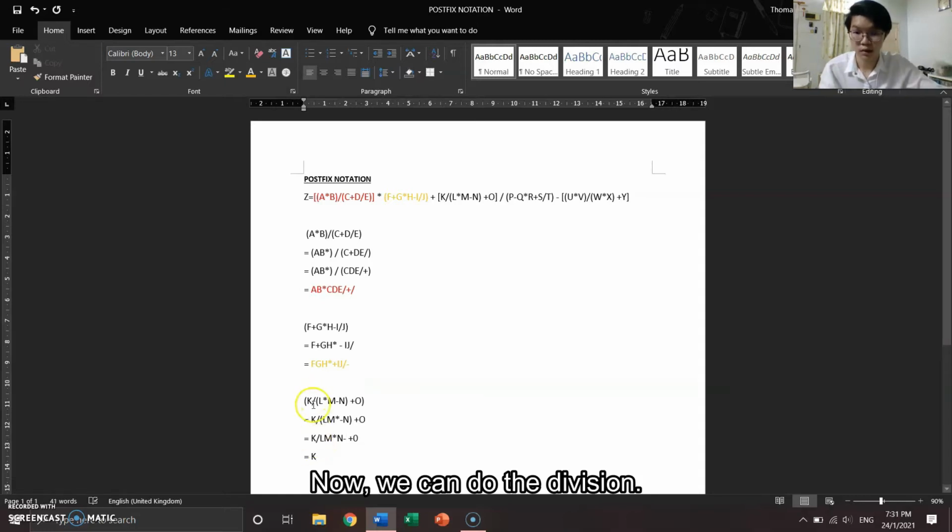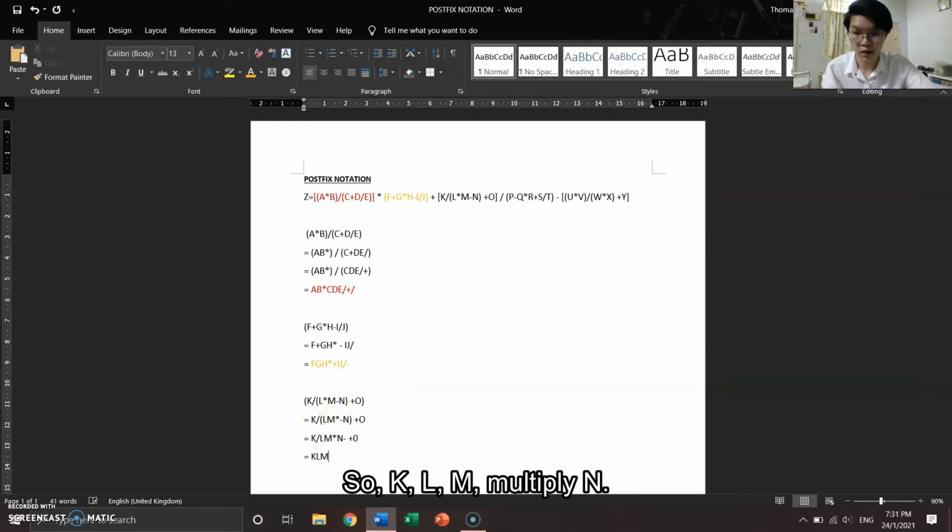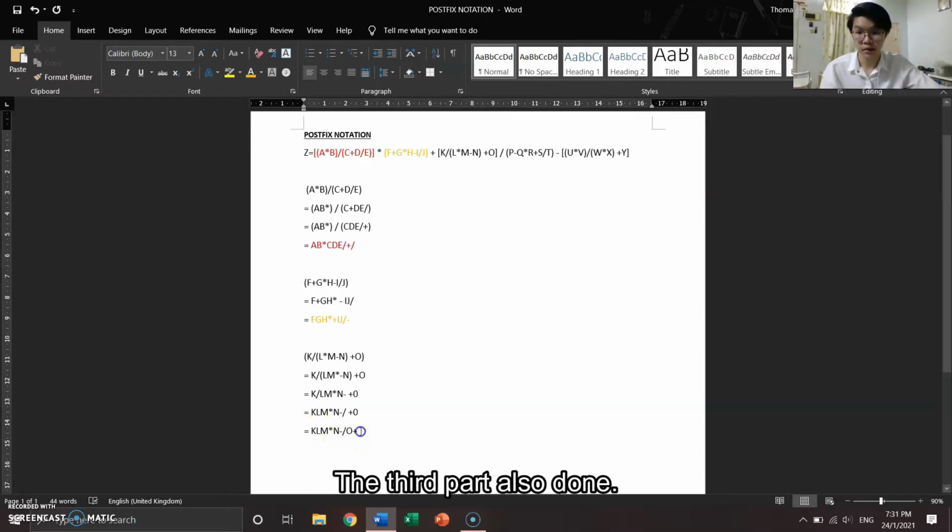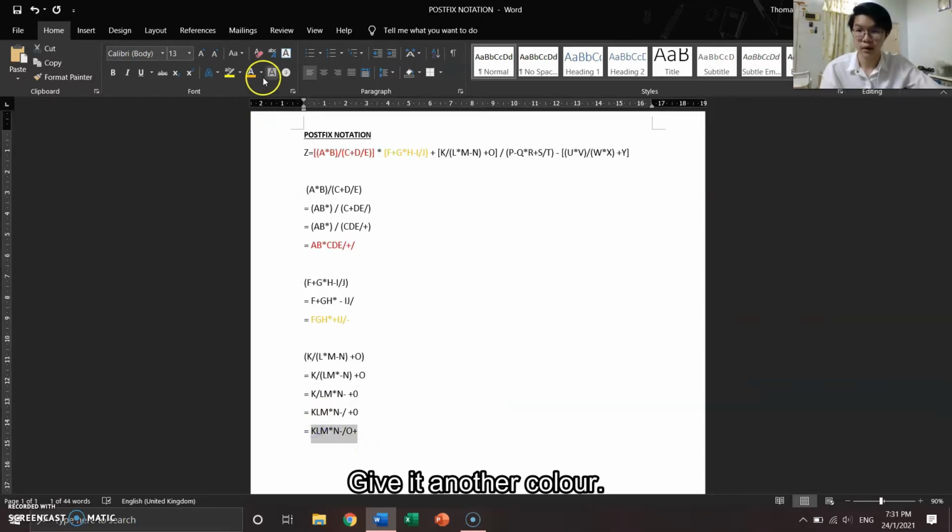Now we can do the division. So KLN multiply, N minus, divide, and plus O remains. Now move the addition to behind. The third part is also done. Give it another color.